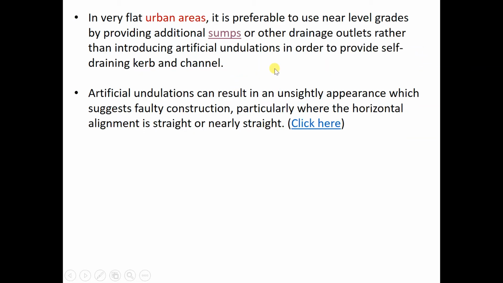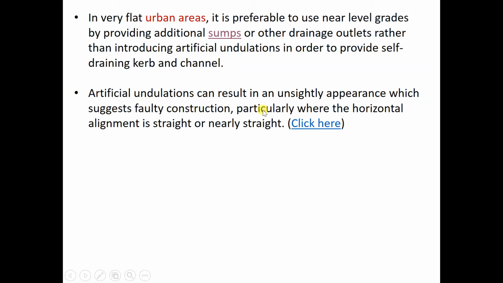So instead of increasing the grade of the road in a very flat urban area, the solution will probably be to provide more sumps, the catch pits, to drain away the water.